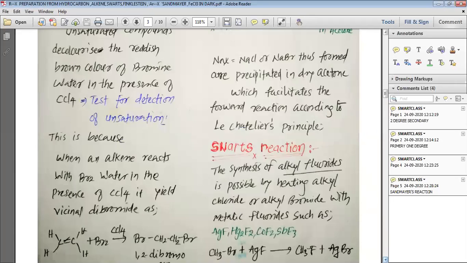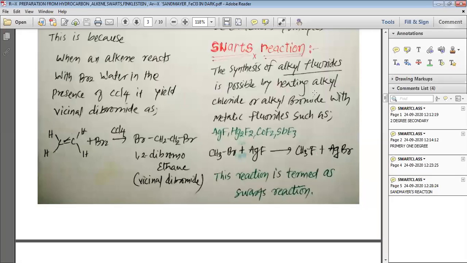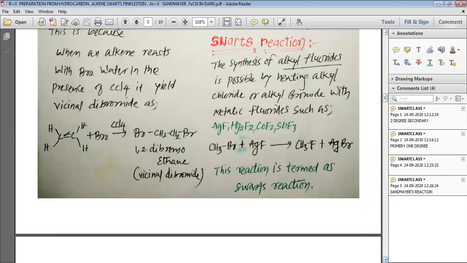In the same way, we have the Schwarz reaction. Schwarz reaction is used for the synthesis of alkyl fluorides. When we have alkyl bromide or alkyl chloride, we allow it to react with fluorinating agents or metallic fluorides such as silver fluoride, mercurous fluoride, cobalt fluoride, or antimony fluoride, so that we get alkyl fluoride and silver bromide or silver chloride.